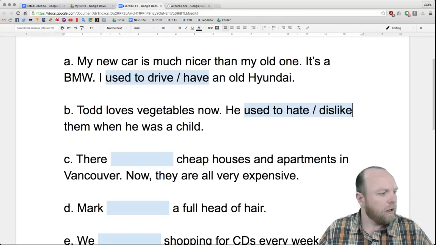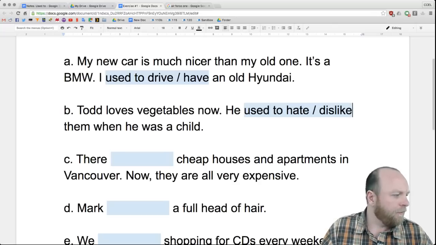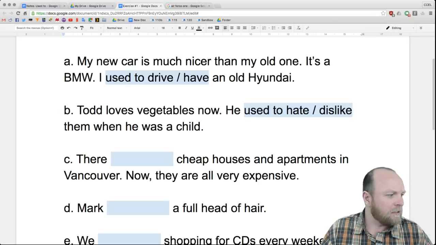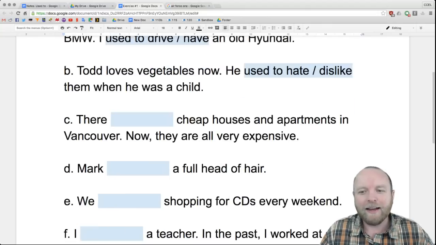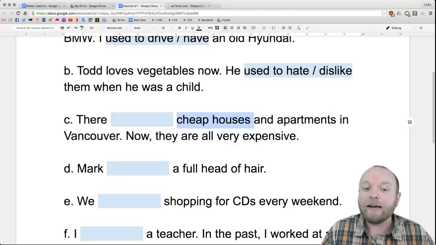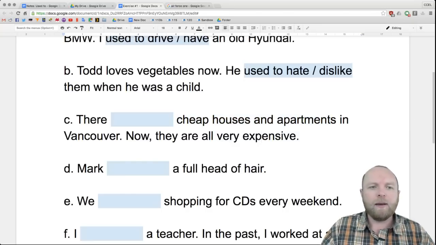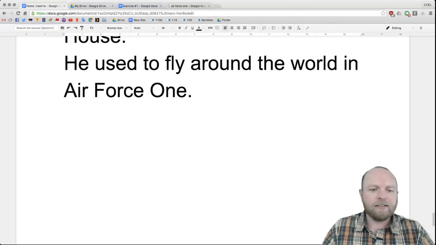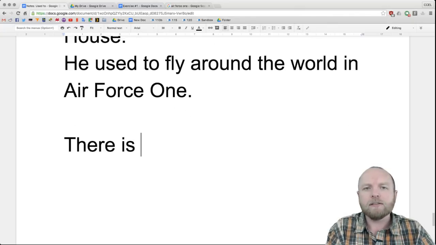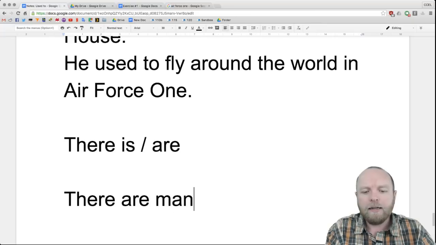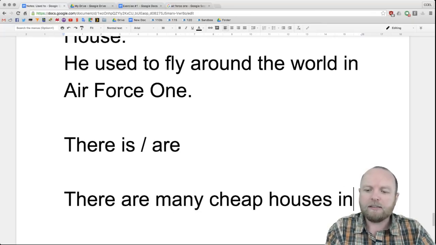Okay, C. There's something cheap houses and apartments in Vancouver, but now they are all expensive. Well, I saw a lot of mistakes here. You guys know we say there is, or there are, right? Example, there are many cheap houses in Vancouver.